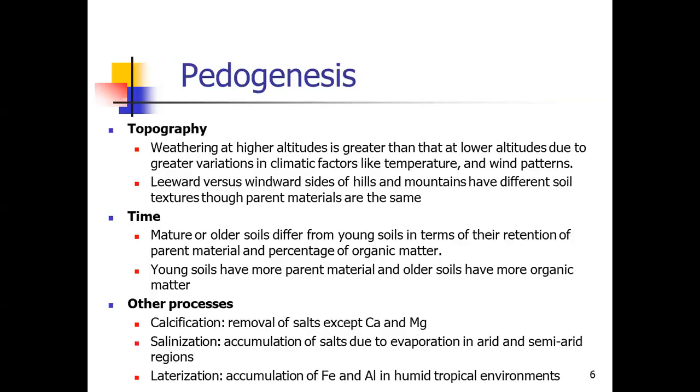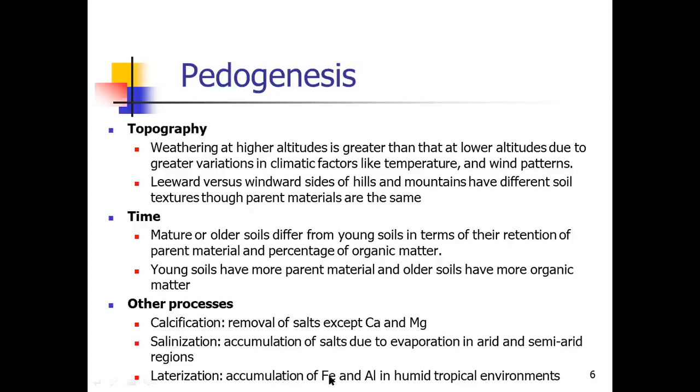And in India, this is a major problem because irrigation has made water available to areas that did not have enough water. And because of that, you get over irrigation and you get accumulation of salt. So the problem with salinization is it reduces the productivity of soils in the long term. Finally, laterization.